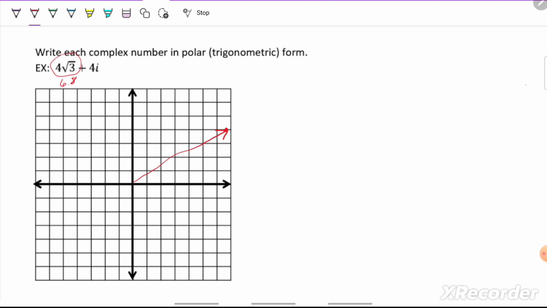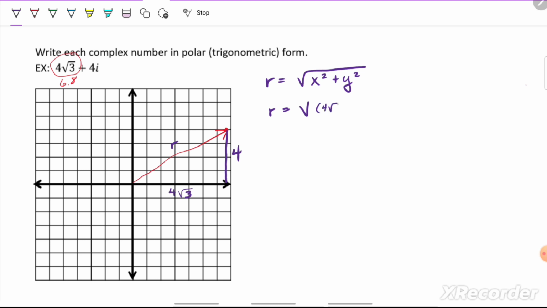We need to find our r value. R is equal to the square root of x squared plus y squared. And again, we're basically just doing Pythagorean theorem on this triangle that has one side 4 square root of 3 and the other side 4. That'll give us our hypotenuse, the r value.